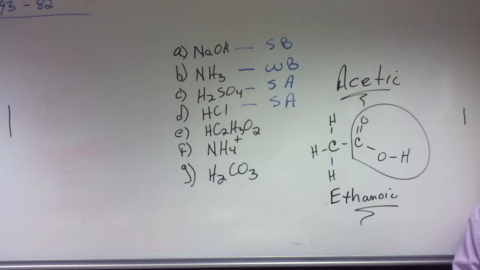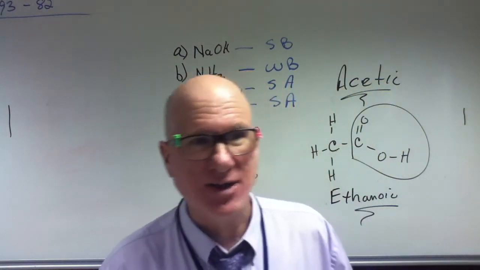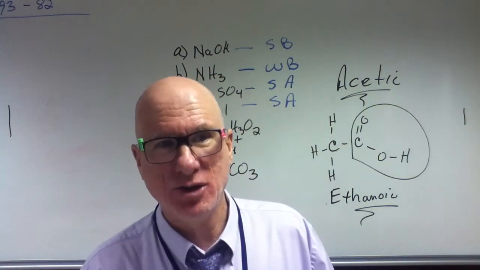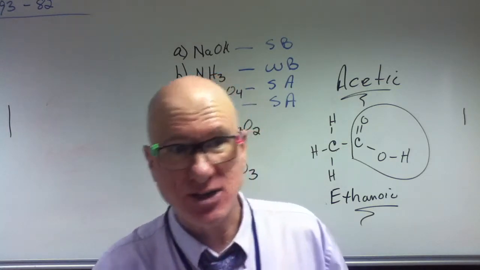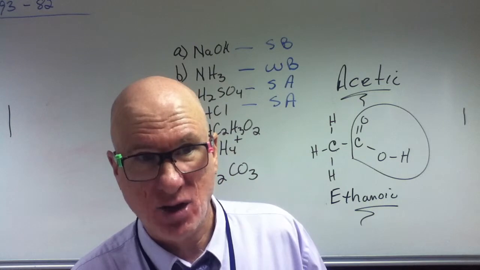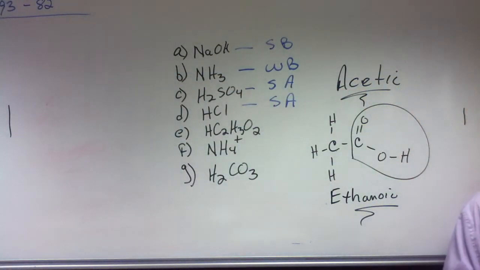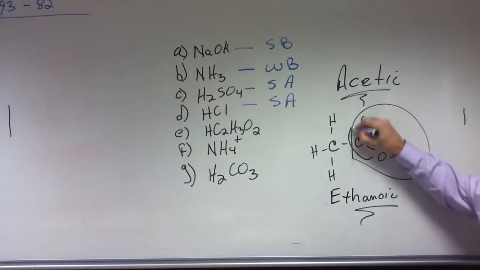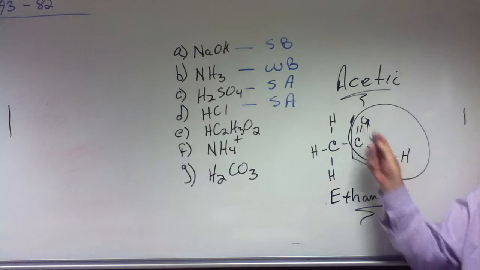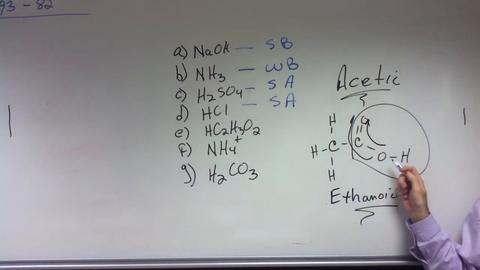Is it a strong acid or a weak acid? You couldn't even make up your mind whether it was going to give up hydroxide or H, so your intuition is pretty good, actually. It's working overtime today. It's actually a weak acid. And what makes it an acid at all is this double bond. It acts as a sucking device. It sucks the electrons up, actually weakening that bond so the hydrogen can fall off.